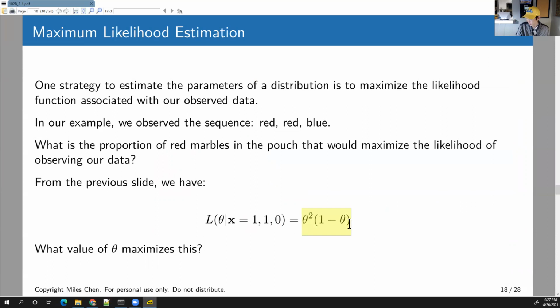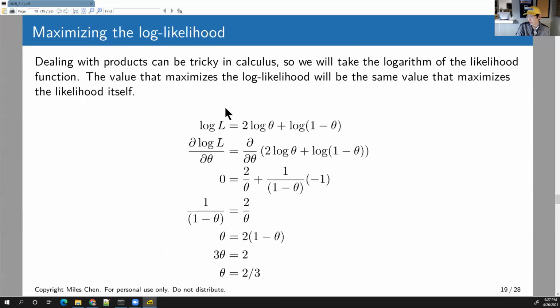So what we often do is we just say, you know what, let's turn everything into a log. Okay, we take the log of everything, and we're going to take the derivative of the log. That's a lot easier because when you take a product, the logs turn everything into sums, and then you can take the derivative of that, and so you find the derivative of the log likelihood.